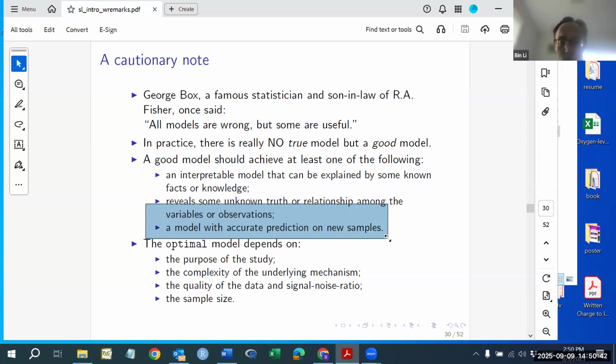But if you focus on interpretation, then optimal means the model that gives you the most interpretable results, or results that can be explained by known facts. The optimal model also depends on the complexity of the underlying mechanisms, the data quality, and the sample size. And we will explore more later.